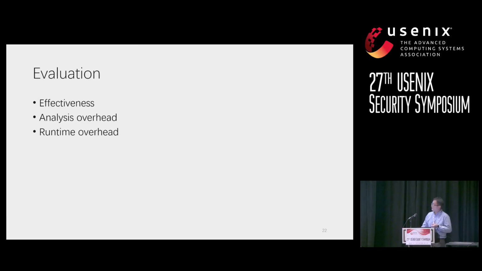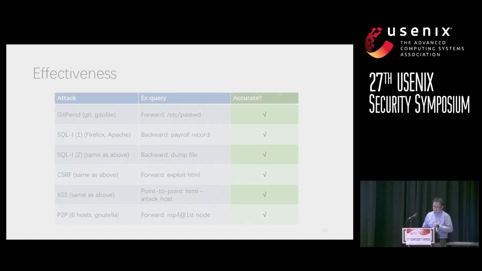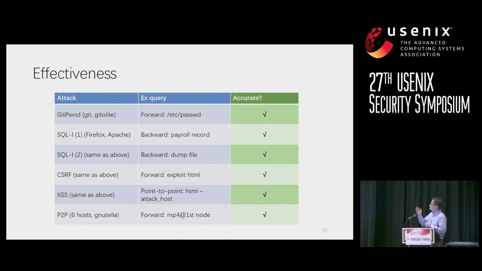In the evaluation, we focus on 3 aspects: the effectiveness, the analysis overhead, and our runtime overhead. Along with the Git pull running example, we also evaluated different settings, including the server and client setting with the Firefox browser at the client side and the Apache server at the server side, with 2 SQL injection cases.